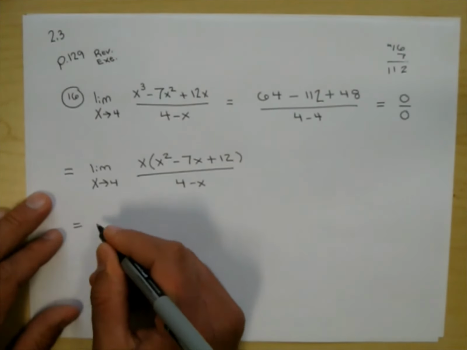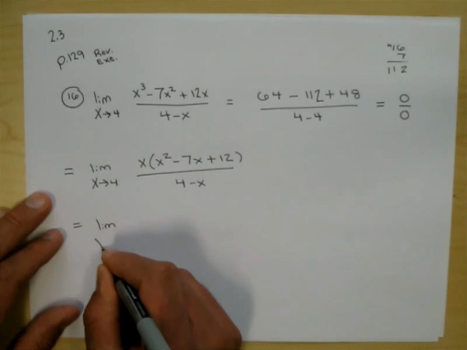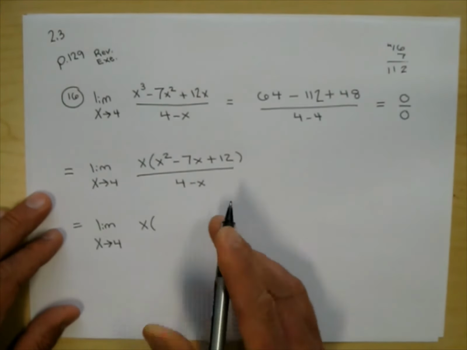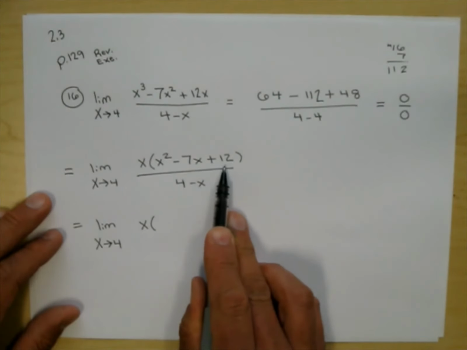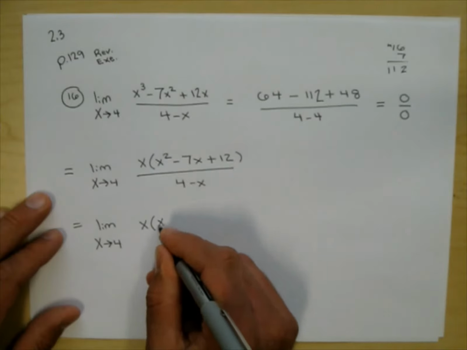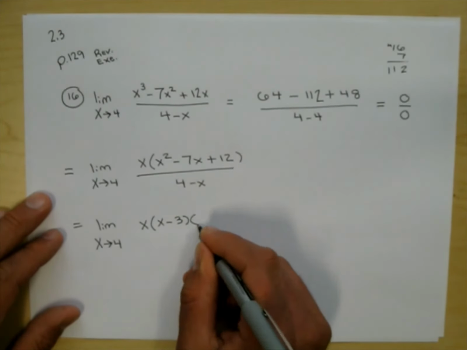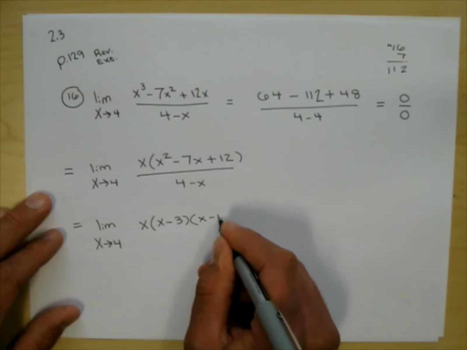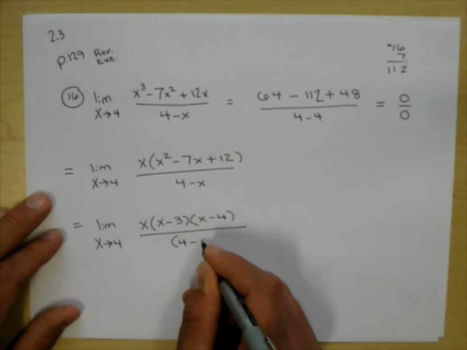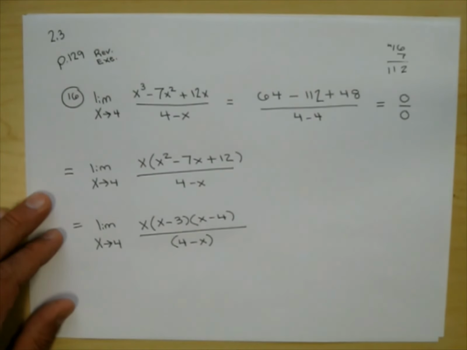Then this equals the limit as x approaches 4 of x, and then this thing actually factors. Factors of 12 that add to 7 would be 3 and 4. So this is going to be x minus 3, x minus 4, and look what we have on the bottom. We have a 4 minus x.